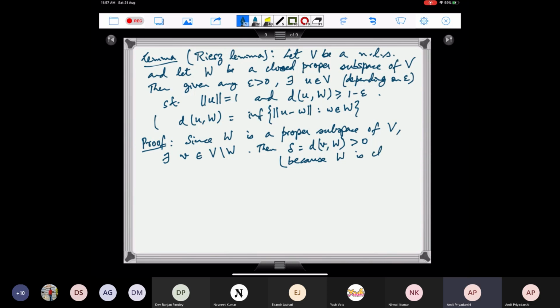So we need that the subspace is closed also. Because if the distance of V to W is equal to 0, that will imply that V belongs to W closure. But W closure is the same as W, so that will say V belongs to W. But we have chosen V not in W. So delta is a positive real number.